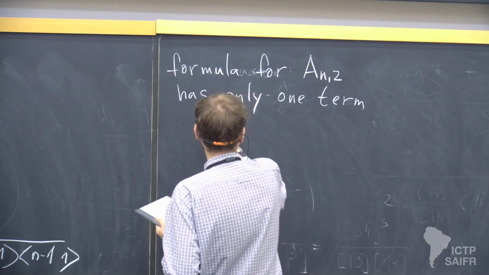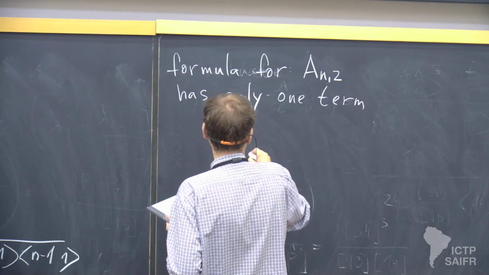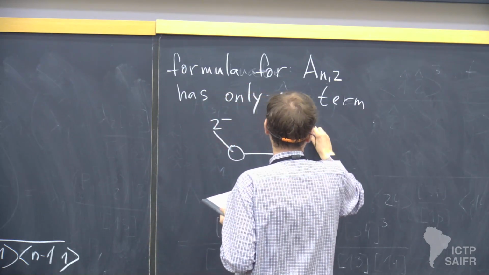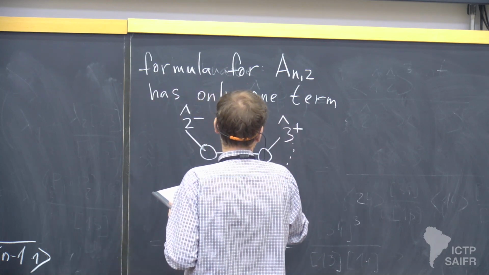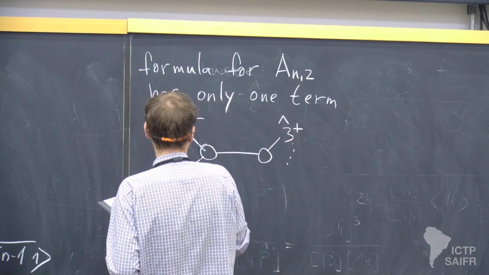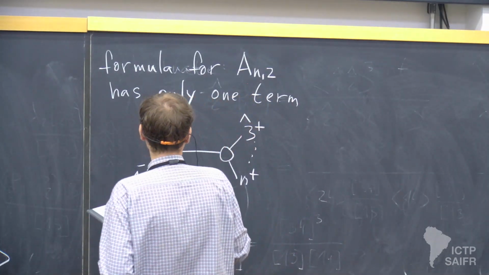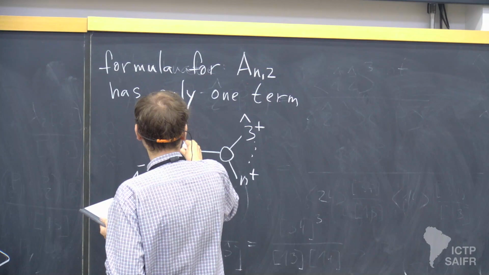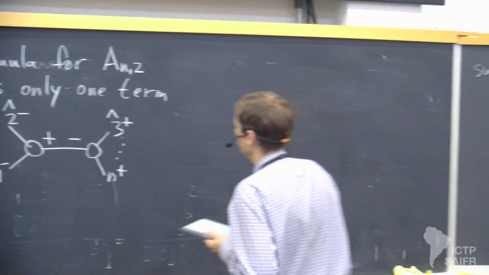Because we have 2 minus, 3 plus, these are shifted. There is 1 minus. This goes all the way down to n plus. Because there is minus minus, we have to add plus here and here minus. So this is a complete analog of the term that we had over there.